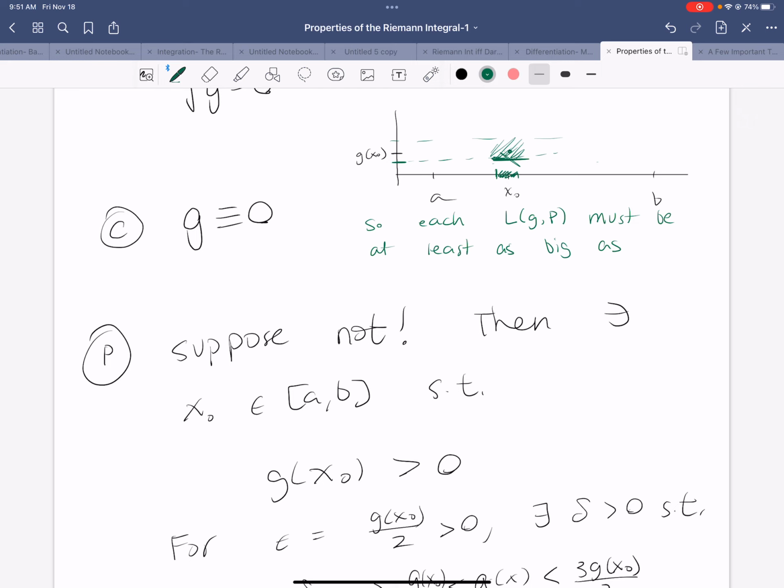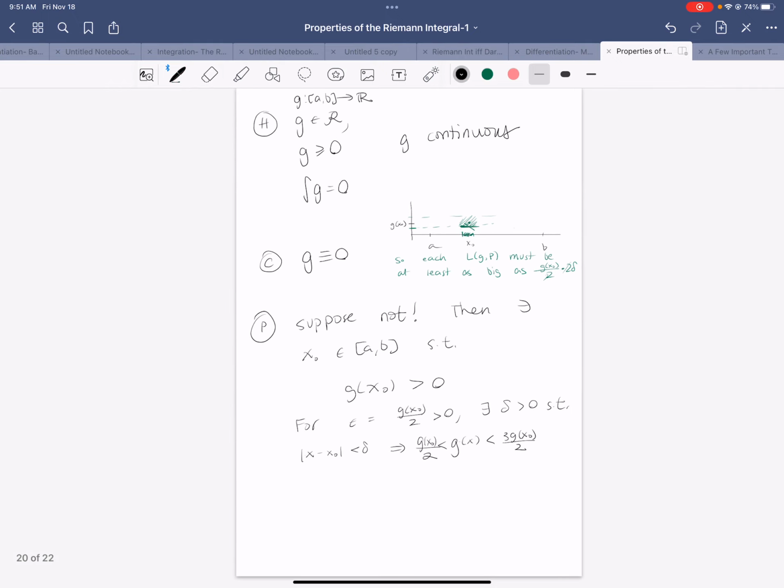So my lower sum, even if the area of all the other rectangles is 0, I'm going to have some little part that has a lower sum that's at least G of X naught over 2 times 2 delta. Okay, in other words, delta times G of X naught.